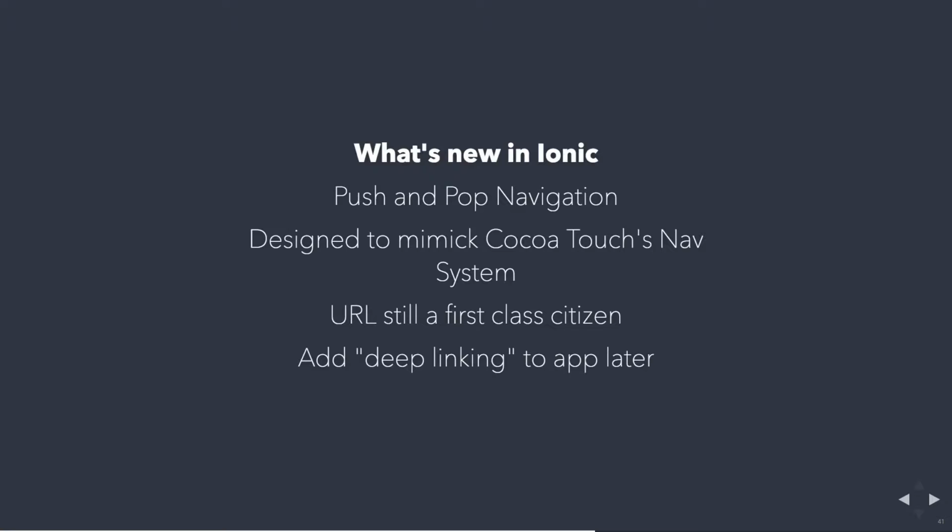With a traditional router, you say navigate to this URL and I'm going to load this code. In Ionic 2, you say push this code, execute this logic, and then the URL will update to match the state that you're in. So it's a little bit of a flip of the paradigm, but the end result is very similar, and we find that it's much more intuitive, especially when you're getting started.